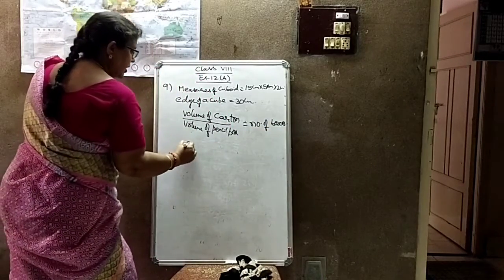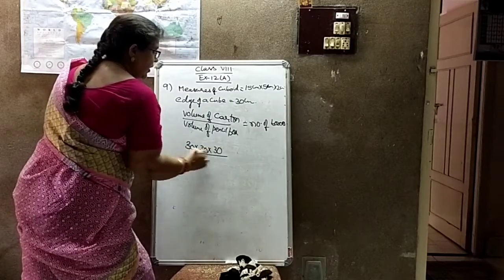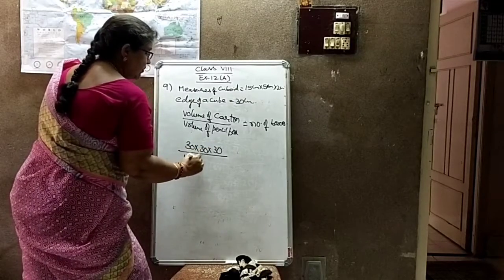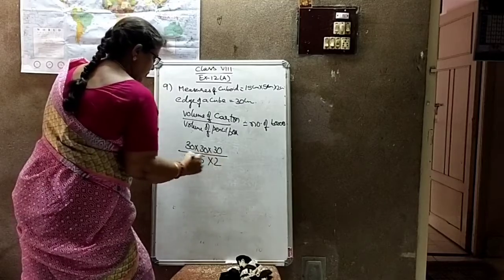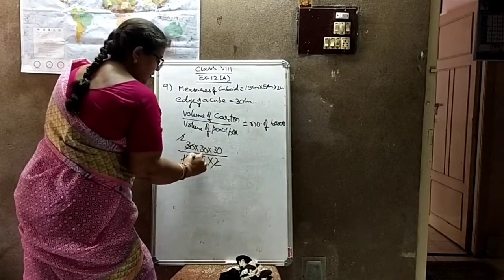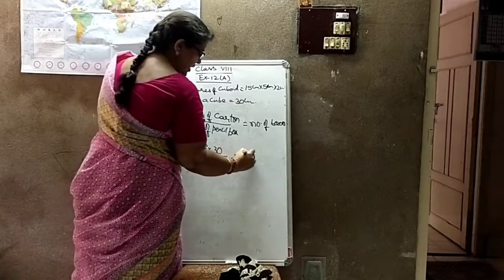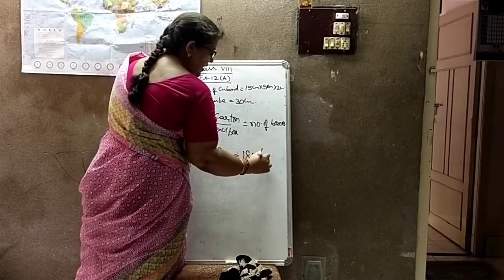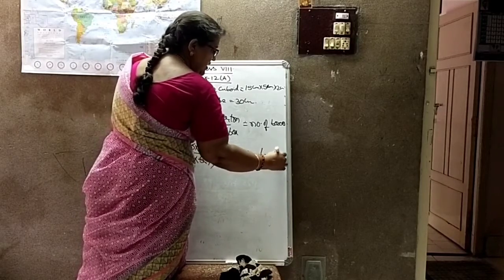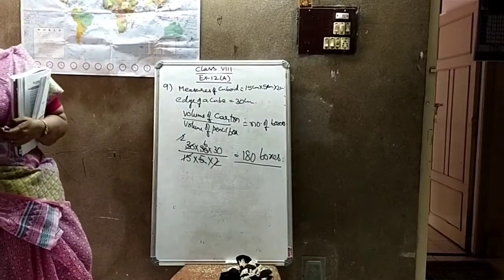Right. 30 into 30 into 30 divided by 15 into 5 into 2. 15 twos are 30, the 2 gets cancelled. 5 sixes are 30, 6 into 3 is 18, so 180 boxes can be fitted in this carton. That is the concept of the ninth sum.